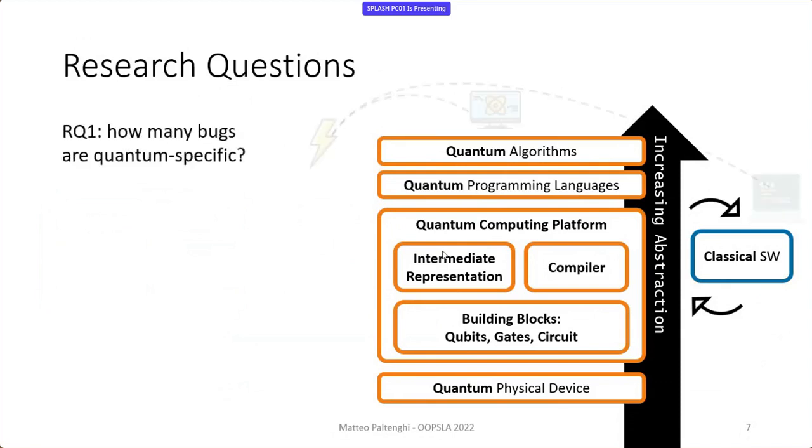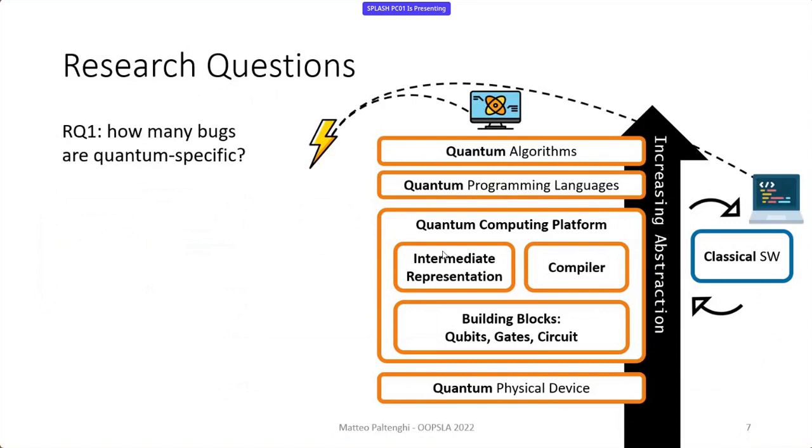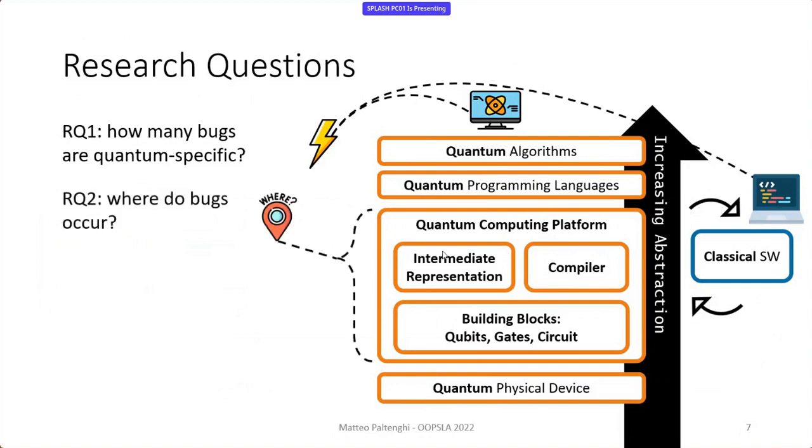So the first research question is to understand whether the bugs that we see in these platforms, how many of those are quantum specific, so refer to this realm instead of classical software, to which we are already familiar. The second research question is where these bugs happen inside the components of this platform. As we said, we have multiple components, so we want to better pin down which components are the most faulty.